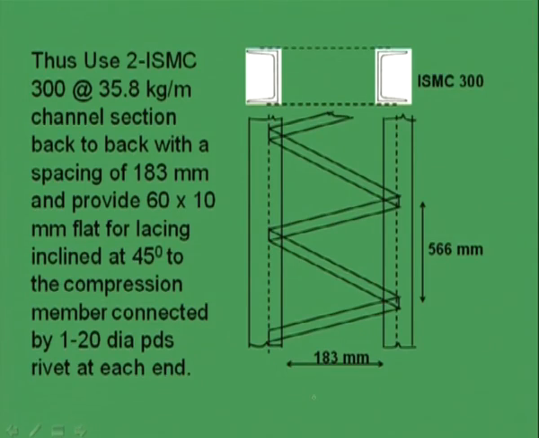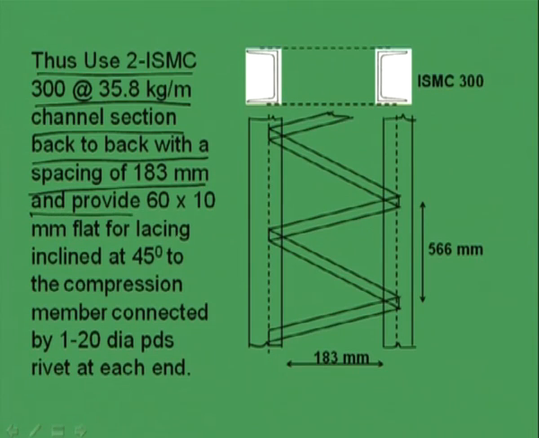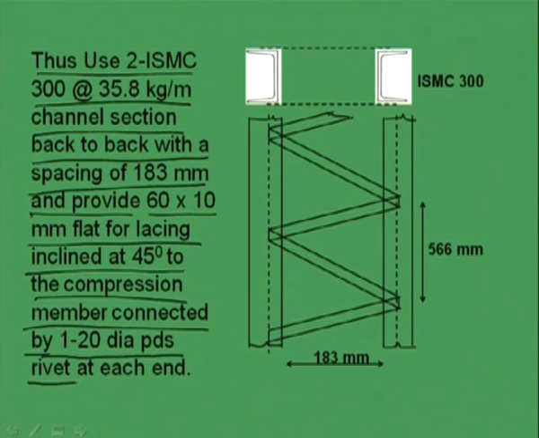In short we can say: use 2 ISMC 300 at 35.8 kg per meter channel sections back to back with a spacing of 183 millimeter and provide 60 by 10 mm flat bar for lacing inclined at 45 degree to the compression member, connected by one number of 20 diameter power driven shop rivet at each end, right.